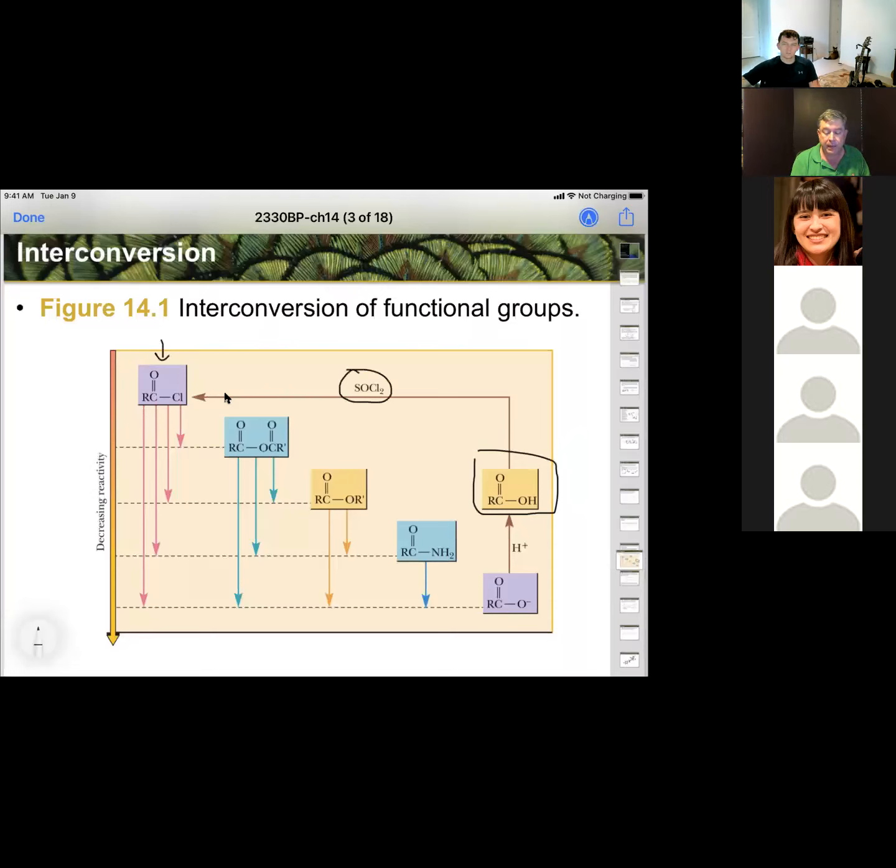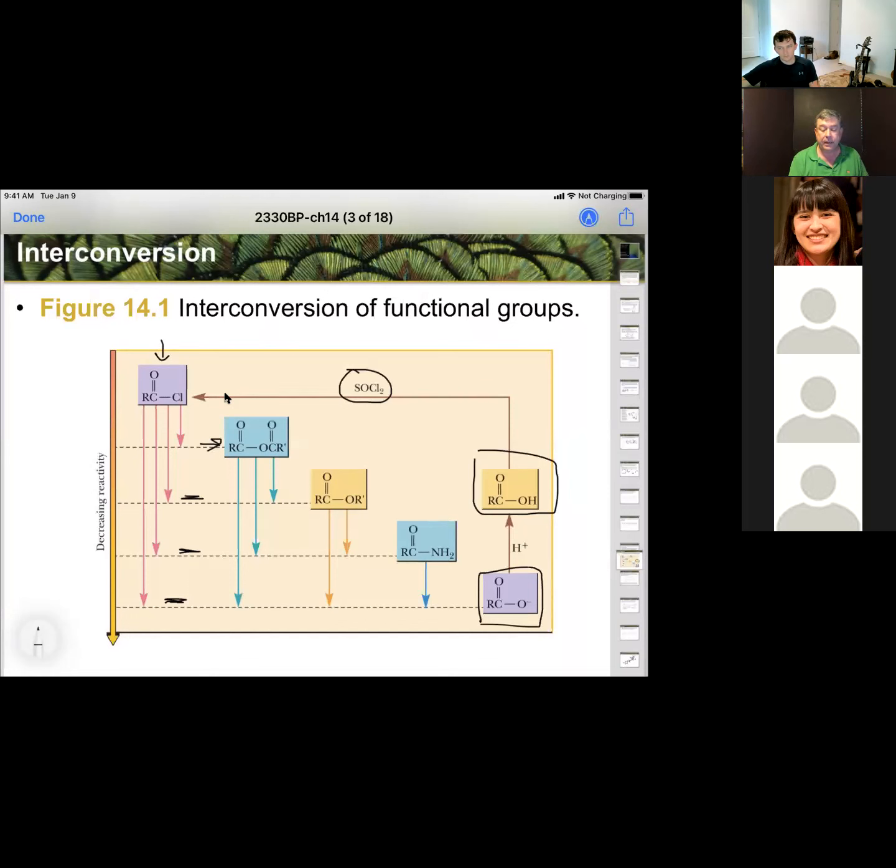If you want to make the anhydride here, we didn't show that reaction, but you actually just use a carboxylic acid salt. If you want to make the ester, you just react it with the alcohol. You want to make the amide, you react it with an amine. And if you want to react it with water and a base, you end up with this carboxylic acid salt right here, the carboxylate ion.